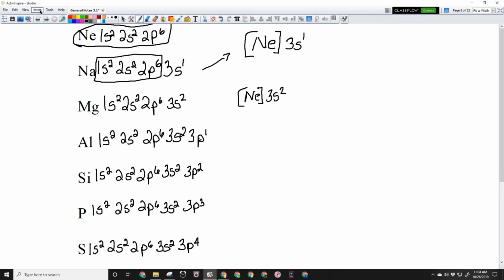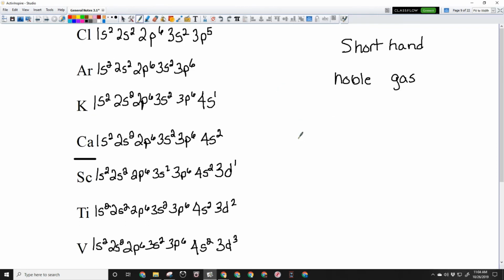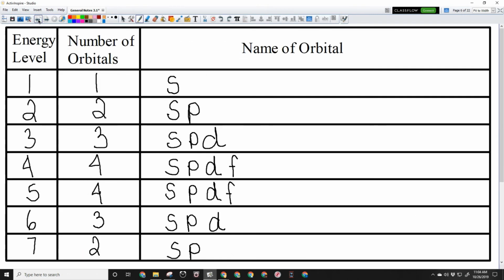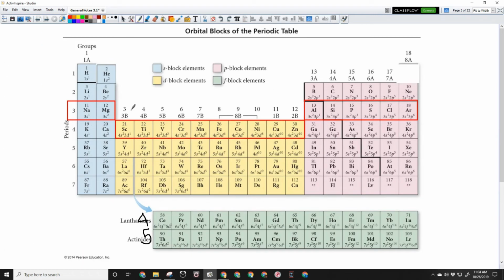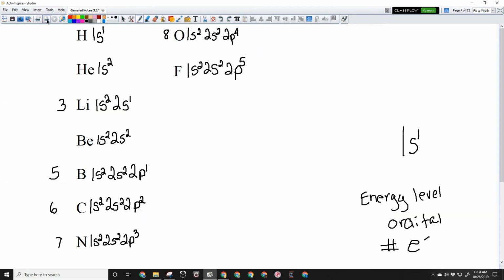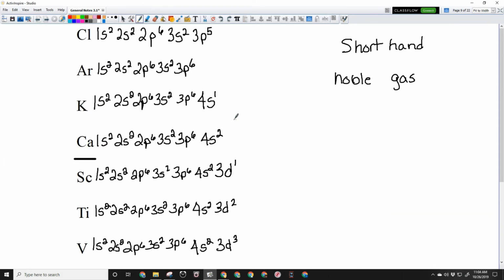Okay, so if I was going to write the shorthand for, say, potassium, well, the noble gas that appears before potassium, right here is potassium, would be argon. Okay, so I'm going to take argon.